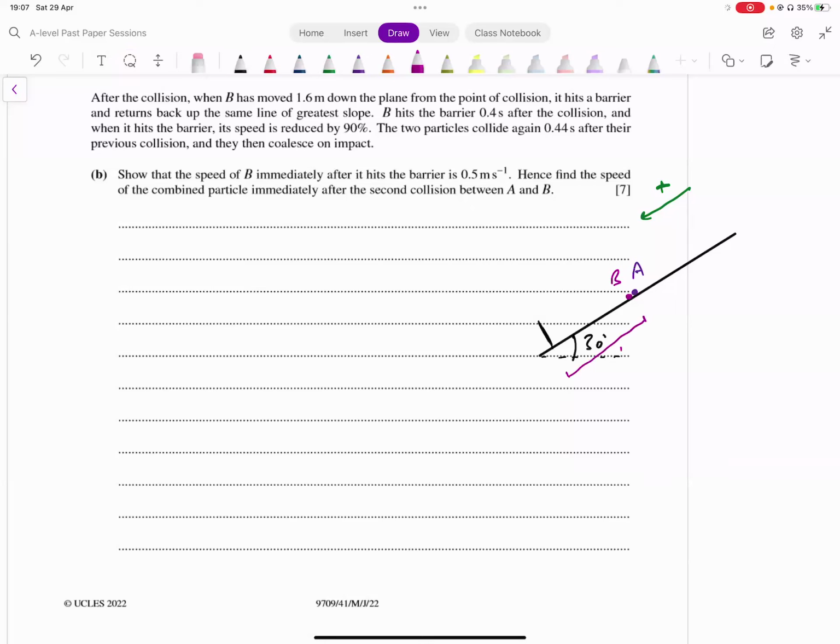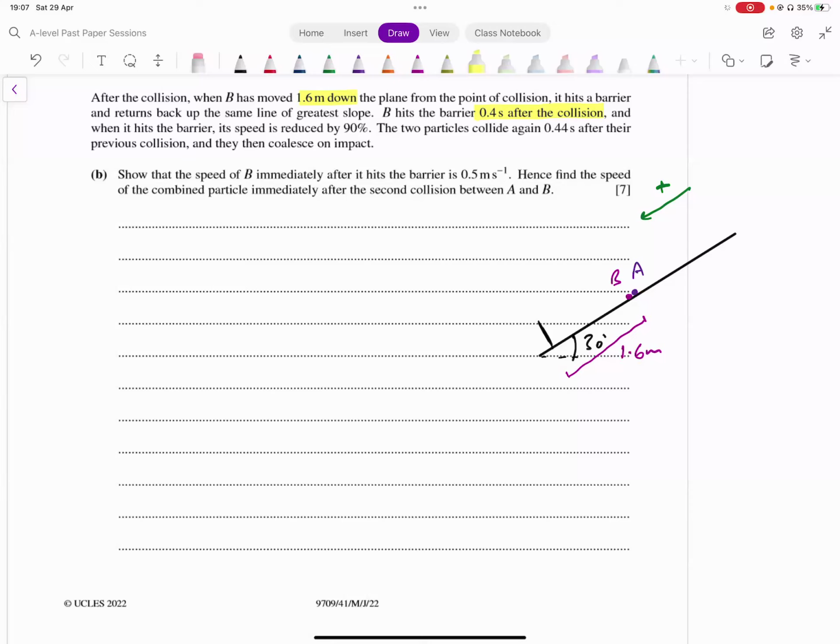This distance is given to be 1.6 meters. Okay. Now, how much time does this take? It says B hits the barrier 0.4 seconds after the collision. 1.6 meter distance है, और time कितना लगता है उसमें? 0.4 seconds लगता है. And when it hits the barrier, its speed is reduced by 90%.